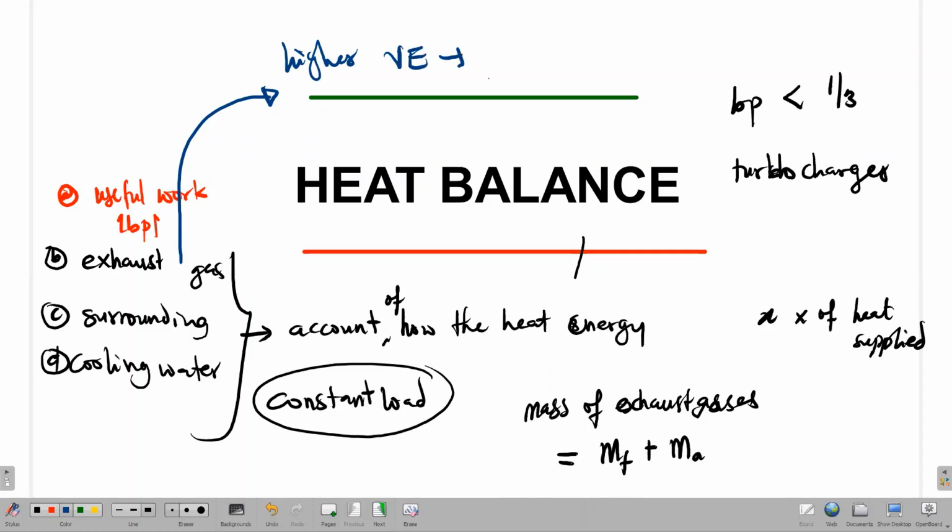And this also results in a higher thermal efficiency.